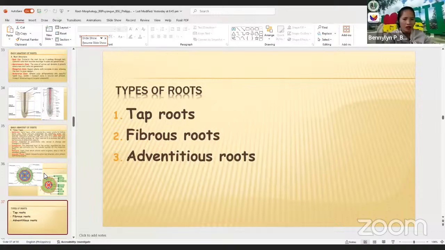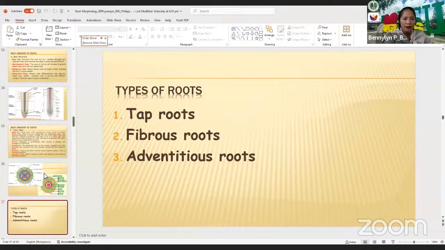We have the tap roots, the fibrous roots, and the adventitious roots. So we will discuss them one by one. What are the differences of tap roots and fibrous roots? How about adventitious roots? And later on, what are the modifications of these roots and their specific function and contribution in growth and development of the plant?